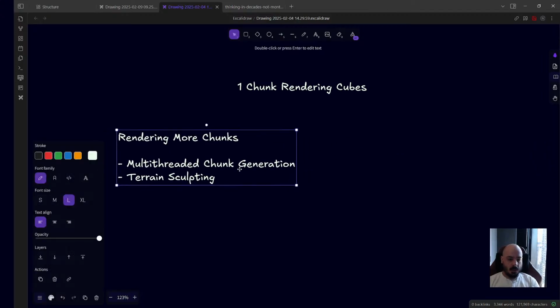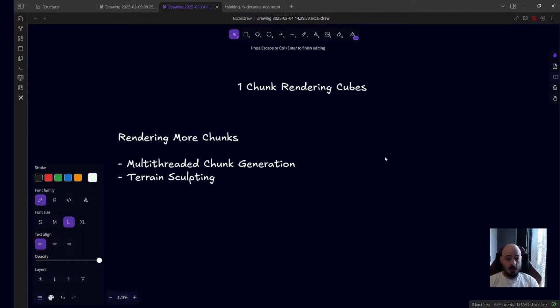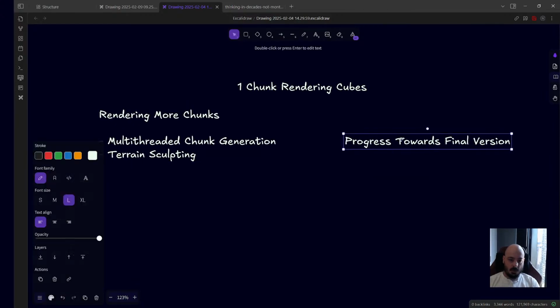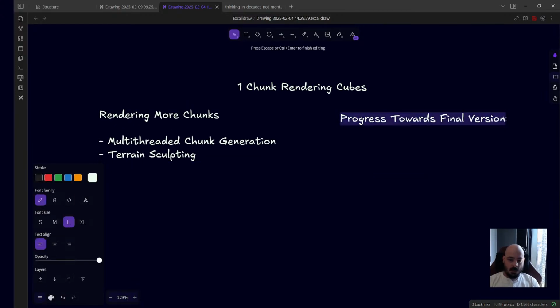And then the other path is progress towards the final version. That's not really a good title. So basically, I don't want to render chunks. As I was just saying, I want to render using spherical ray marching or something like that.